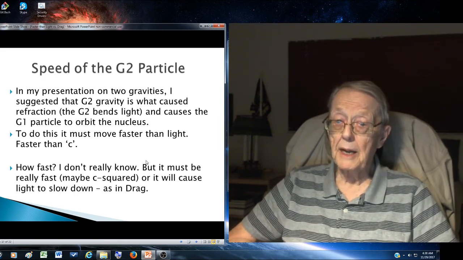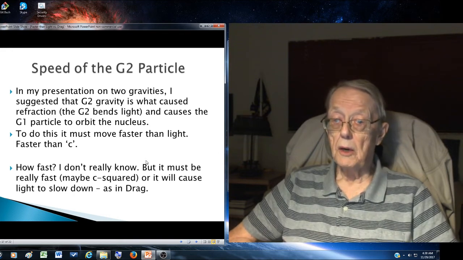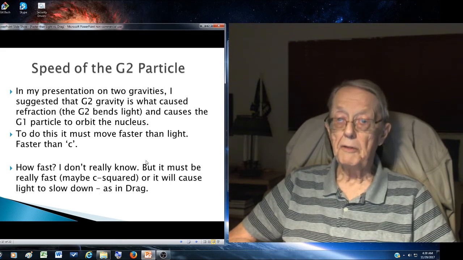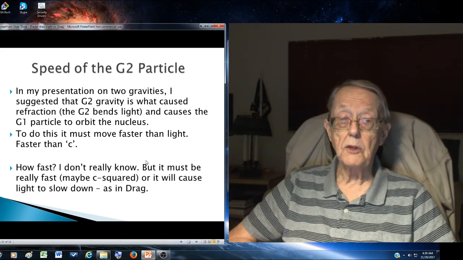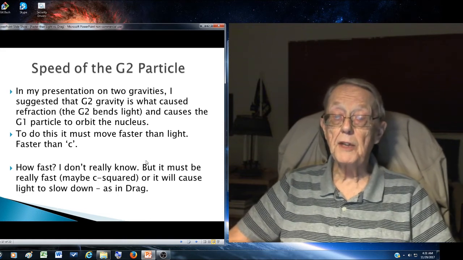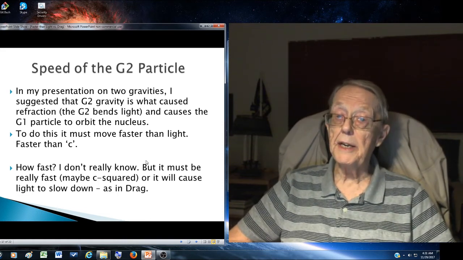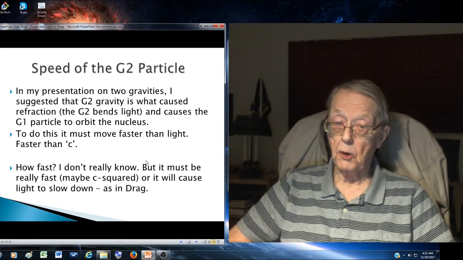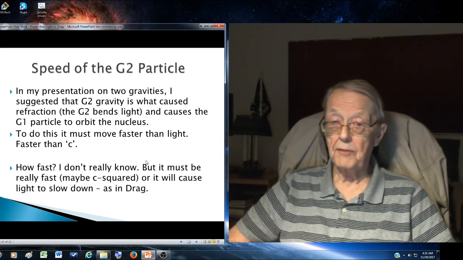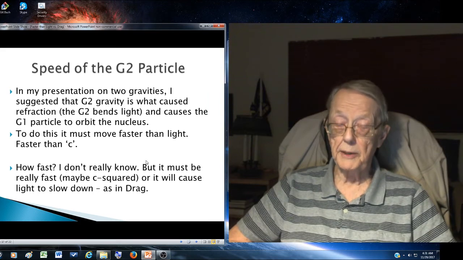So to bend light, or to cause it to accelerate, G2 must be faster. To cause the G1 particle to orbit the nucleus of an atom, it must be moving faster than the particle itself. And if the G1 particle is orbiting the atom at or about speed c, then G2 must be faster in order to set up the G2 gravitational field that holds the G1 in orbit around the nucleus.